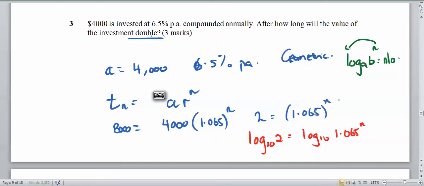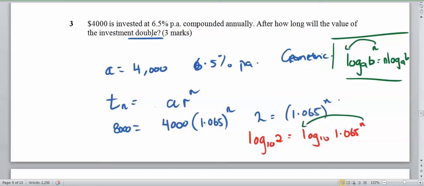That's the equivalent of N log A base B. So using this rule that I've just explained, this N can then go to the front, which means that we have N log base 10 of 1.065 is equal to log base 10 of 2.